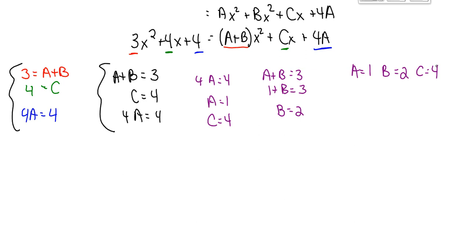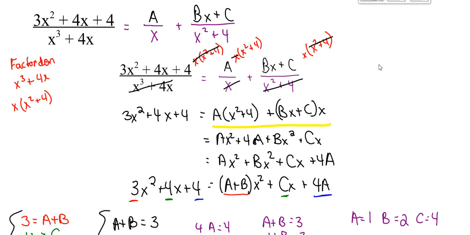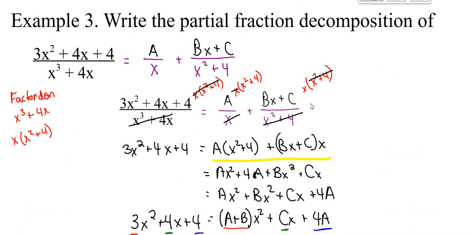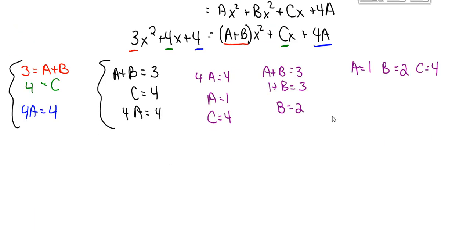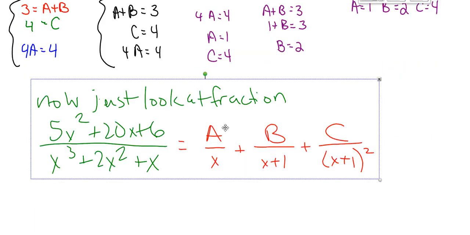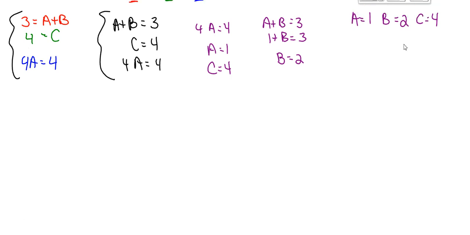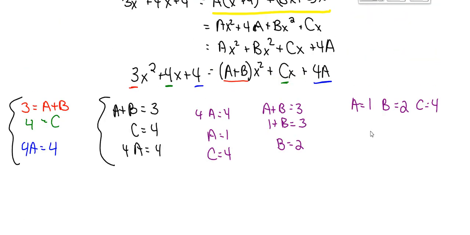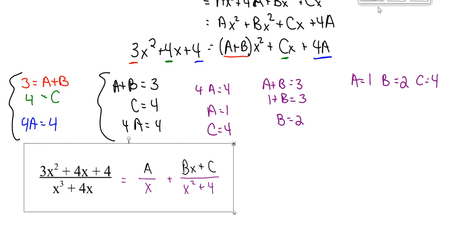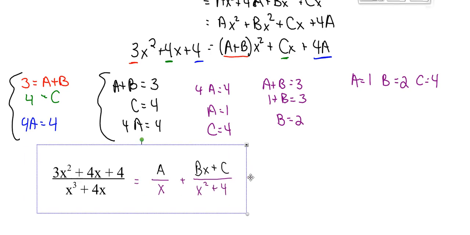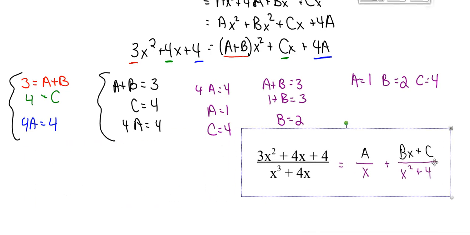Now I have what I need, and I'm going to go way up here and re-find that long version. Maybe I saved it. No, I did not. I'll bring it down here. Oh, and I didn't even comment on the fact that this is a proper fraction, so I didn't have to do that initial division.